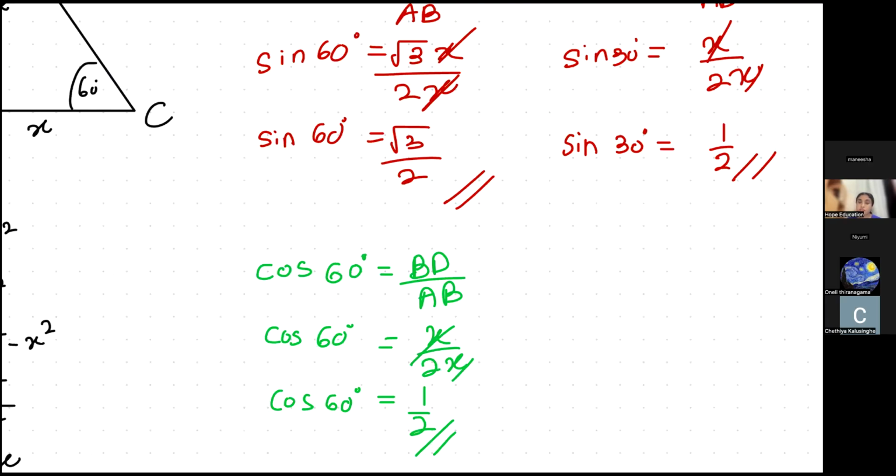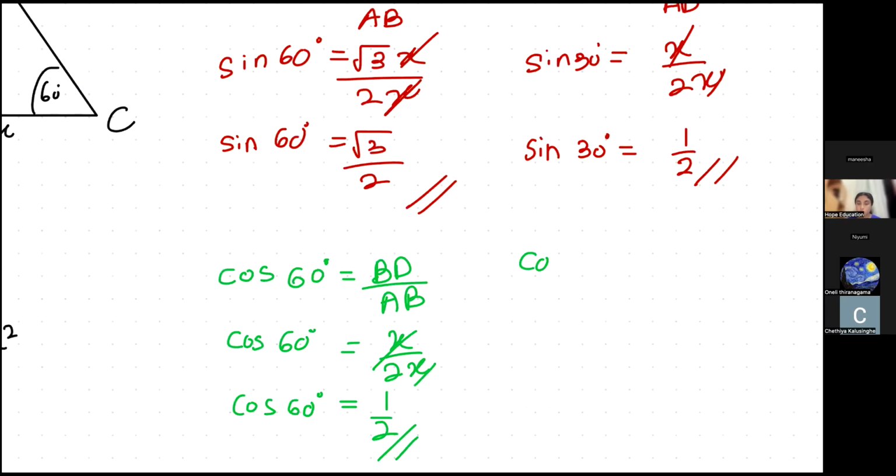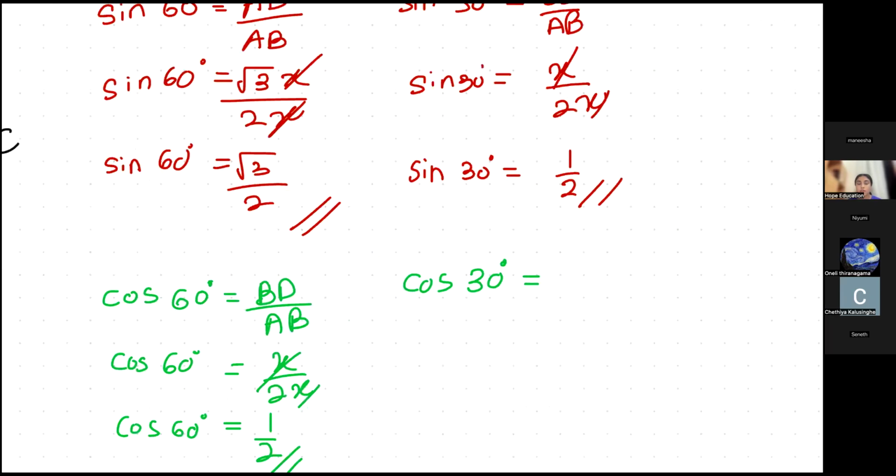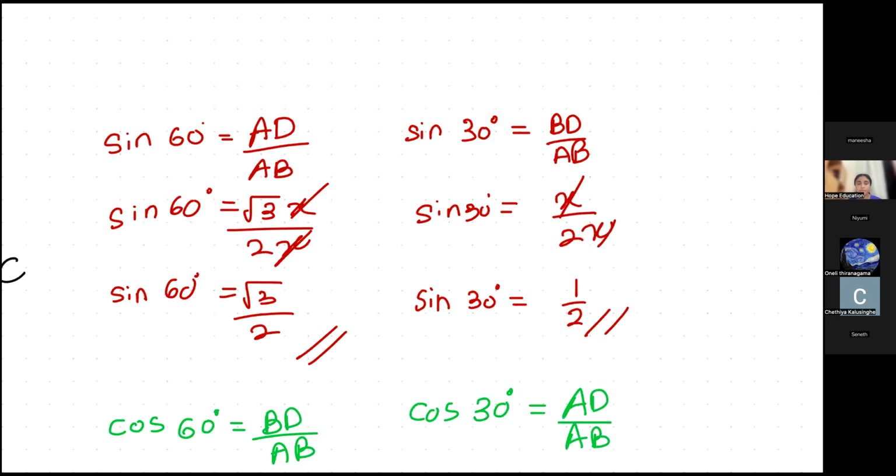Then let's check cos 30. What is the adjacent side to this 30-degree angle? Hypotenuse? Yes. Adjacent side is AD, hypotenuse is AB. AD over AB. That is kind of like this, no?